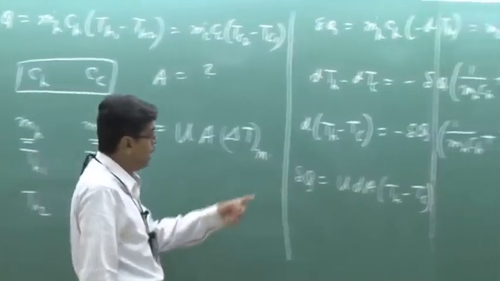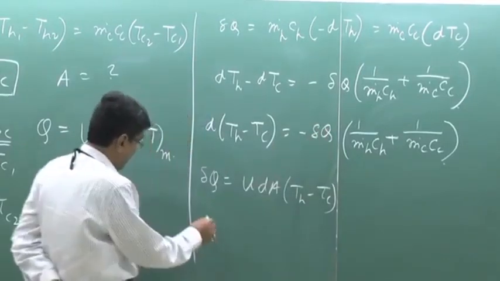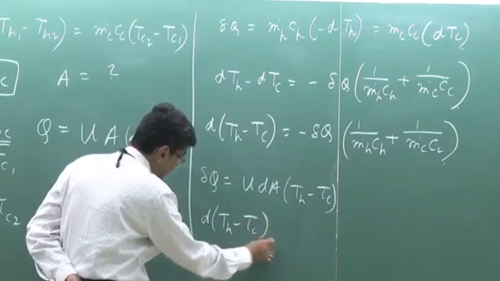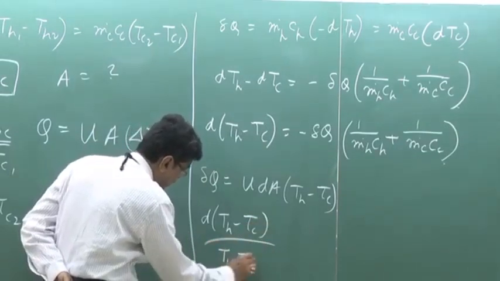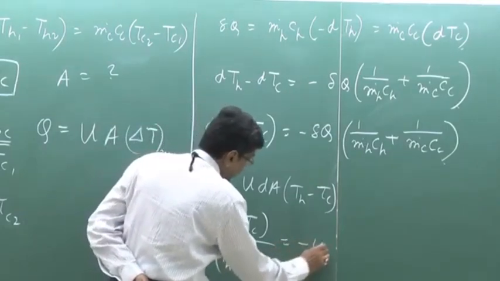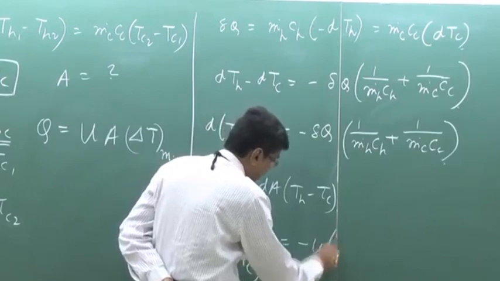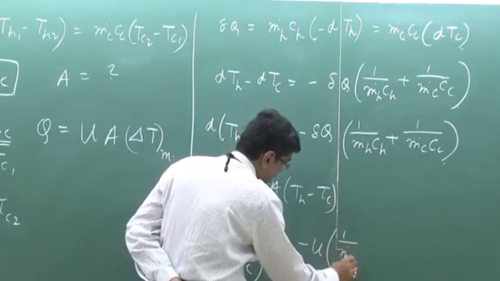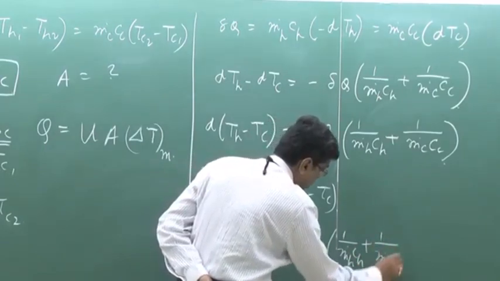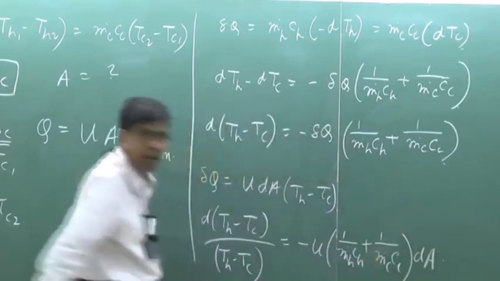Therefore I can substitute del Q here, and I can write d of (TH minus TC) divided by (TH minus TC) is equal to minus U times (1 by m dot H CH plus 1 by m dot C CC) into dA. Clear?